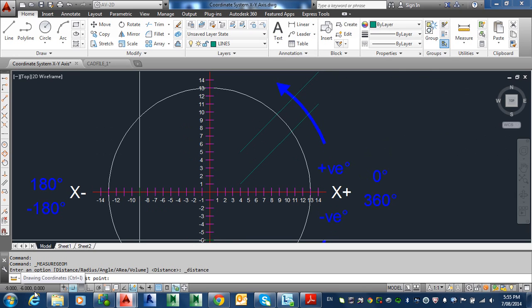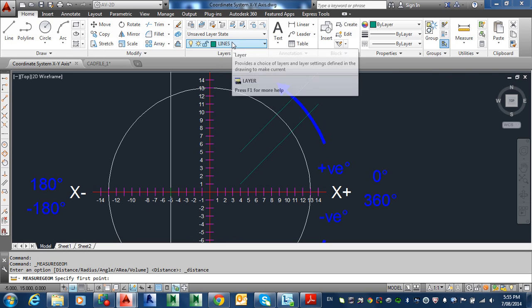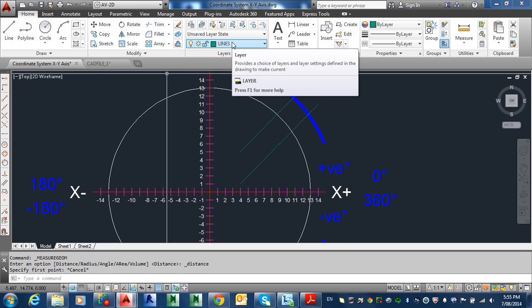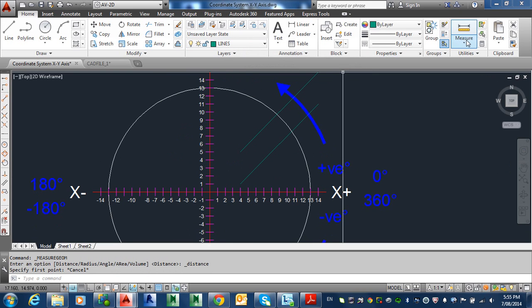If it hasn't got decimal points, obviously that's going to round up. The 14.14 will be 14 as well. And you've got to go somewhere else to set that up. You've got to go into the units command to make sure you've got those decimal points set up right. We won't go into that now, but let me just do this distance command.